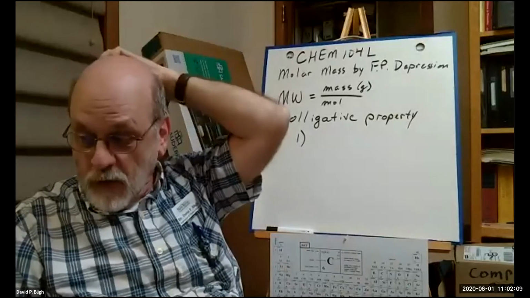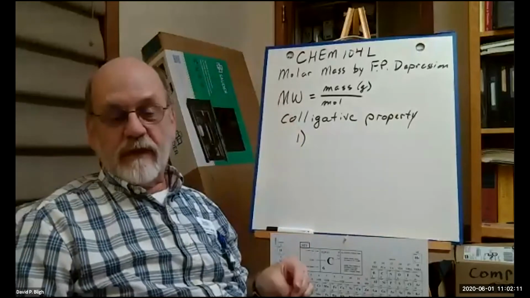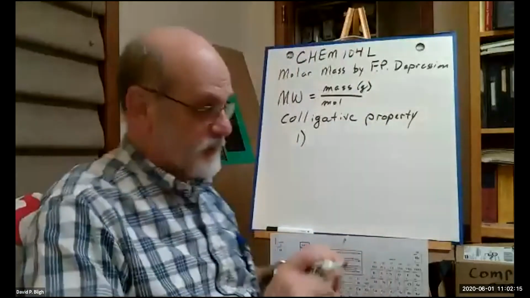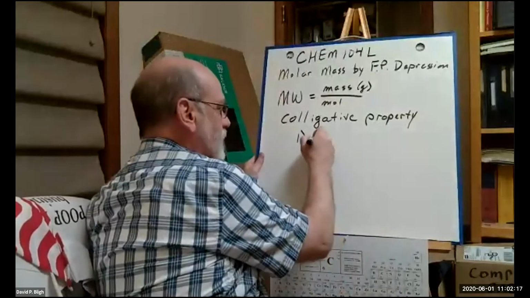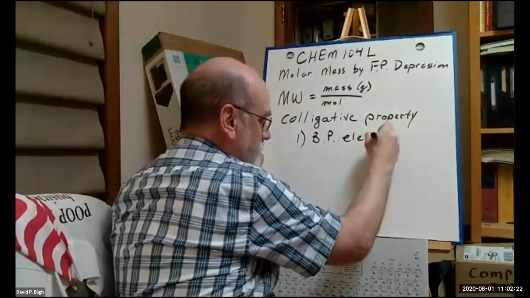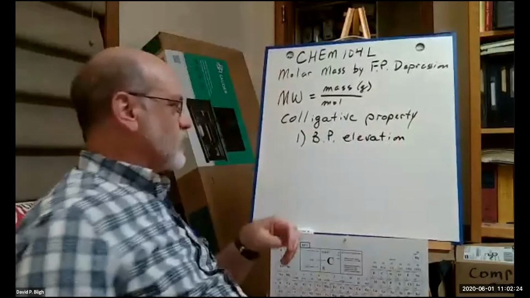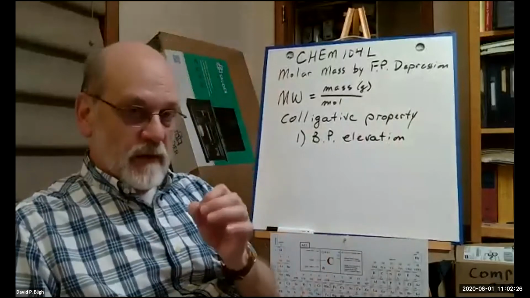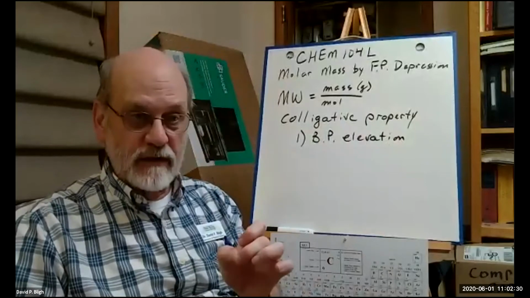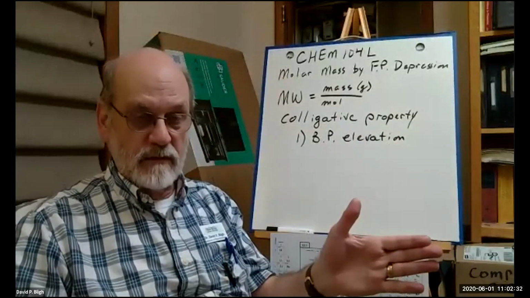Okay, so now that we know what a colligative property is, there are 4 of them that are explained in your text. One is boiling point elevation. So what does that mean? That means the boiling point of the pure solvent is a value.